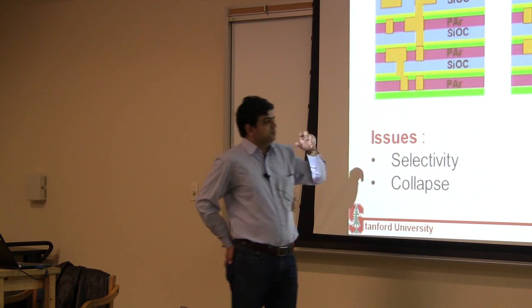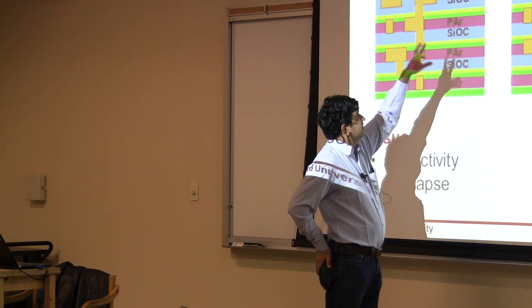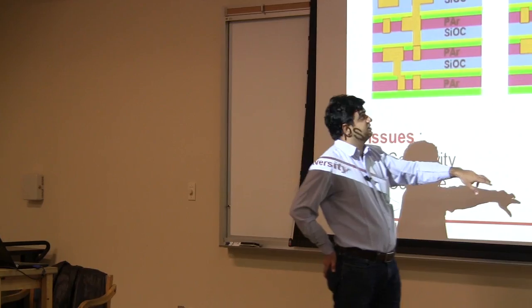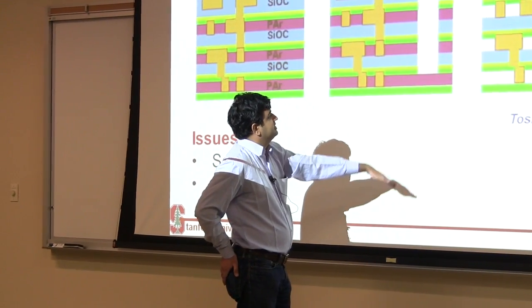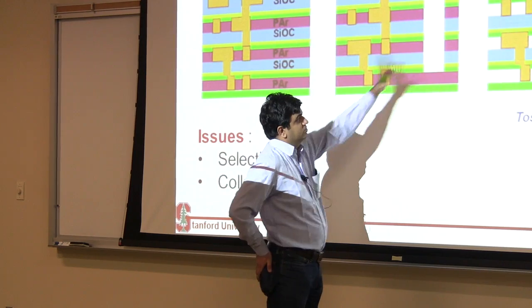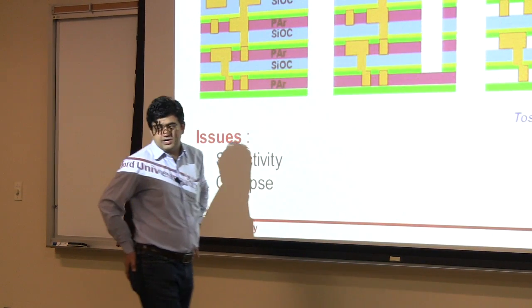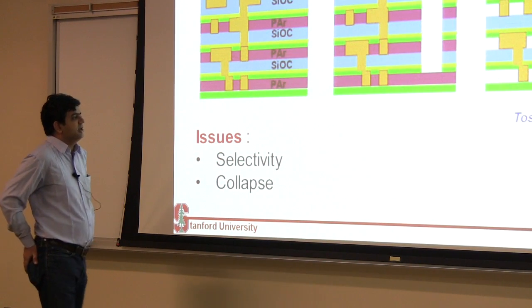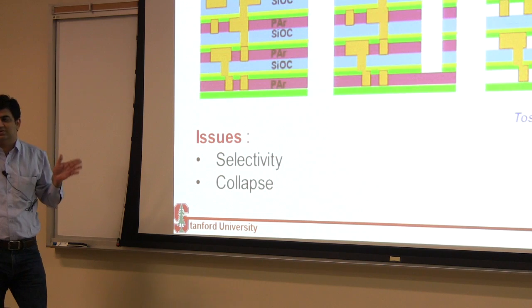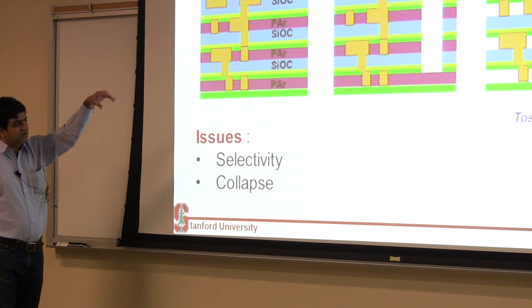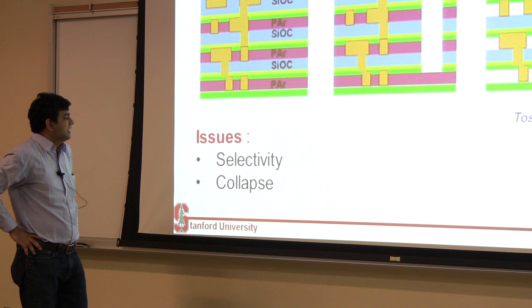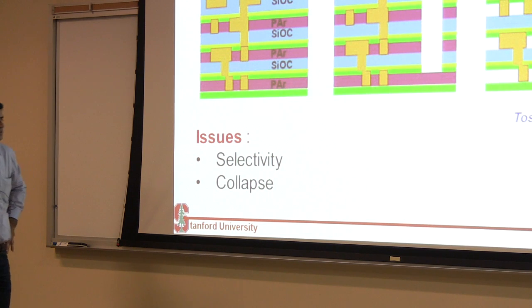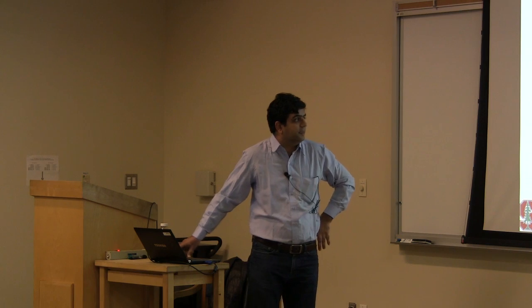A cool technique proposed by Toshiba is to etch out a pore which connects these multiple levels, and then do a wet process to remove all your dielectric. You need the metals, but you don't really need dielectric in between them. So you create a suction and remove all your dielectric out. But the problem is that the whole thing collapses, so nobody actually uses it.